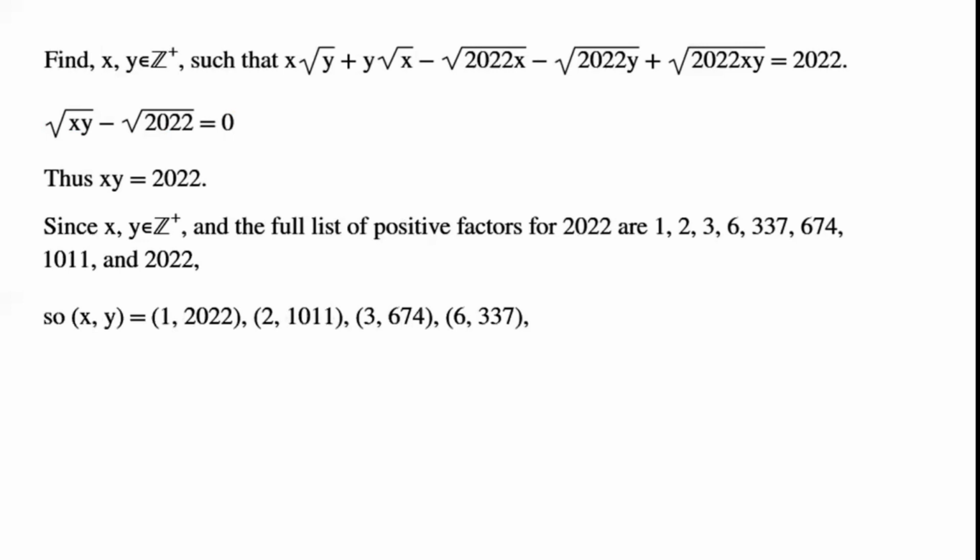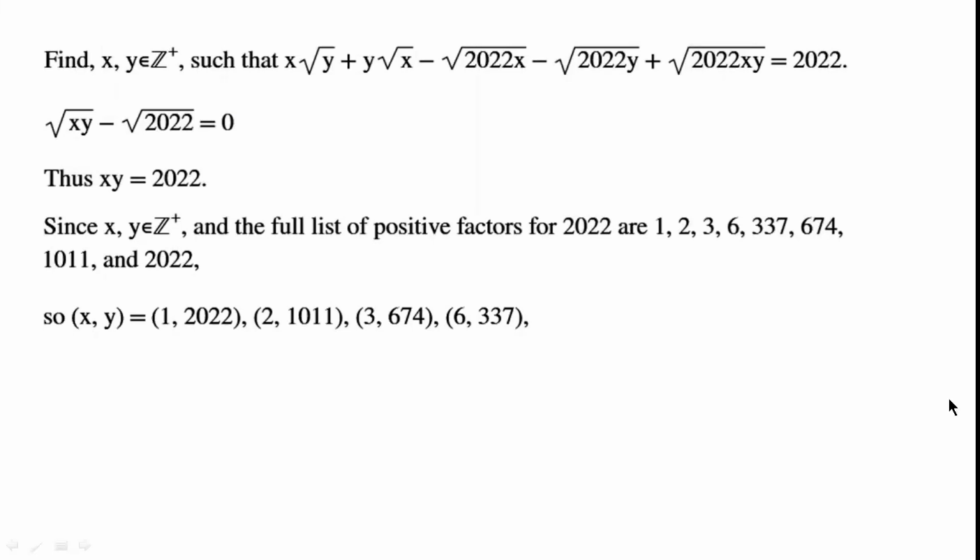So (x, y) equals (1, 2022), (2, 1011), (3, 674), (6, 337).